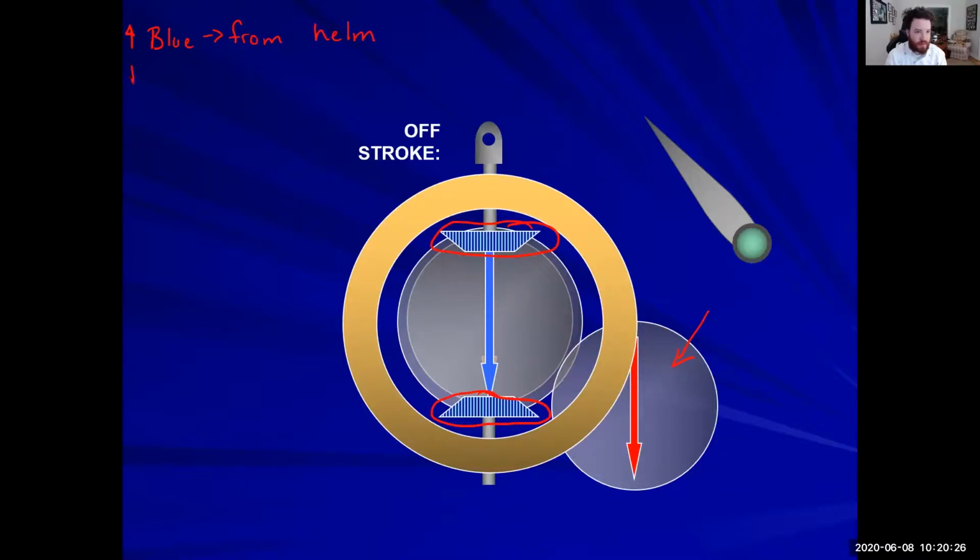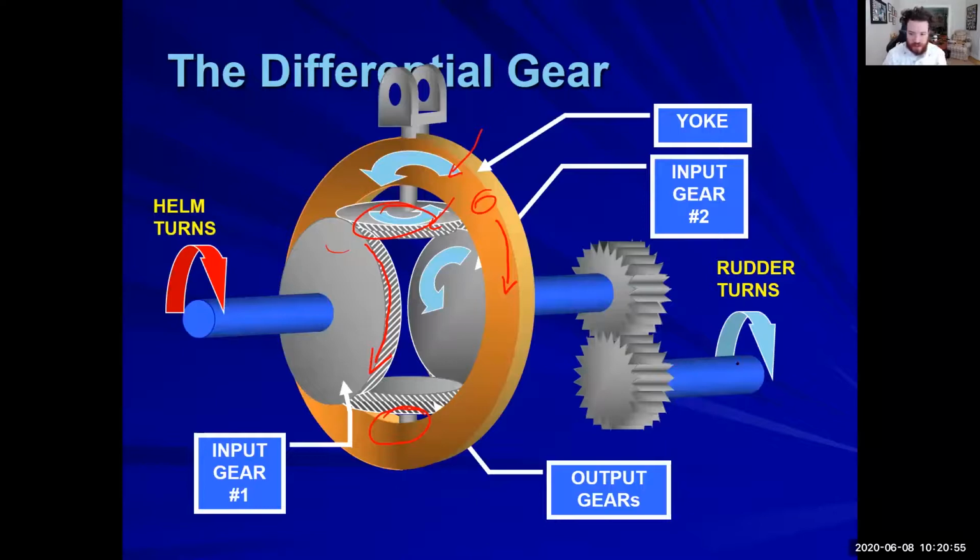The yellow arrow, that is from our rudder. So this is input 1, this is input 2. This red arrow is just what we have right here.